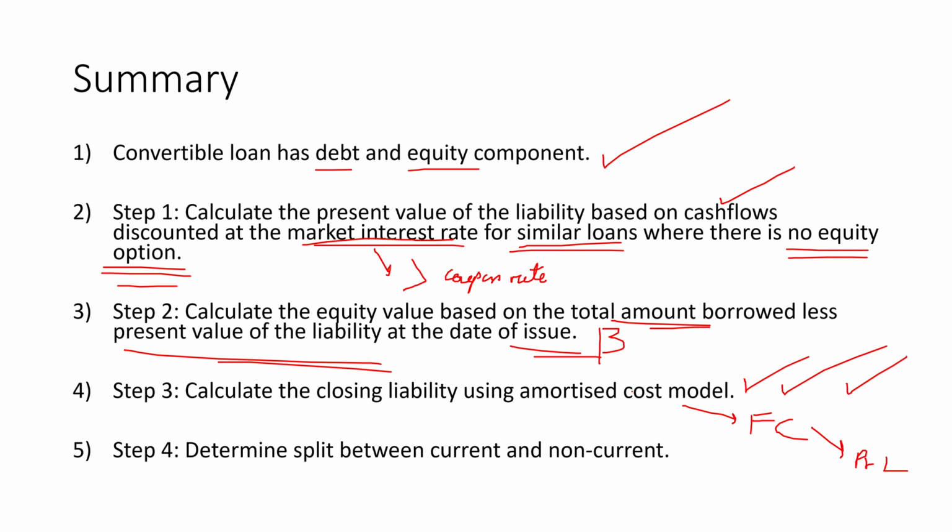If it's payable in arrears, the coupon payment comes after the effective interest rate. And the fourth step is to determine the split between current and non-current, and stating what's current and what's non-current. Okay, and why. And then that's it. So 4 steps, and remember, it has a debt and equity component.